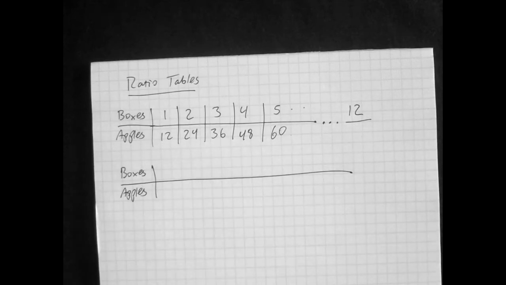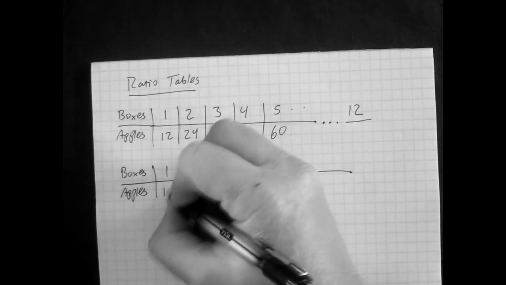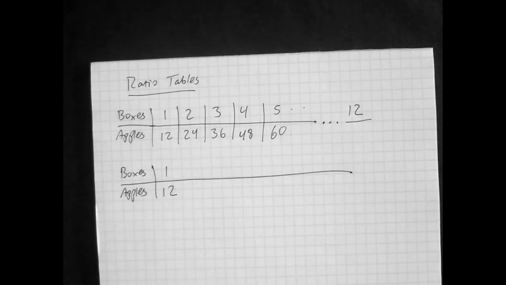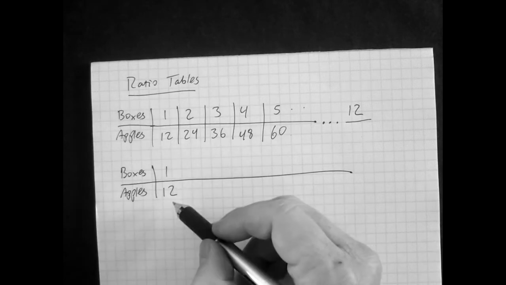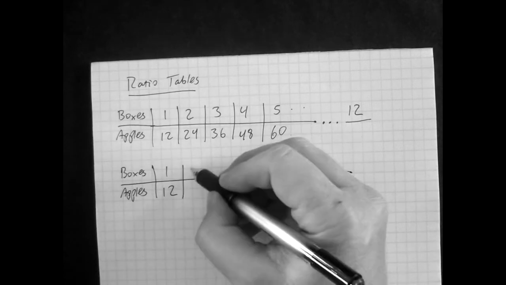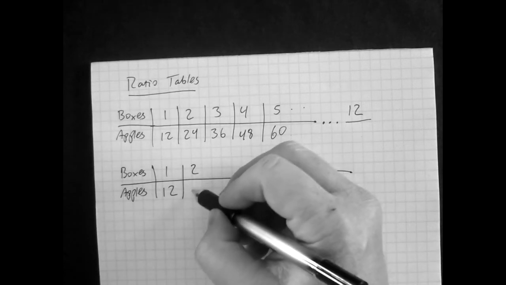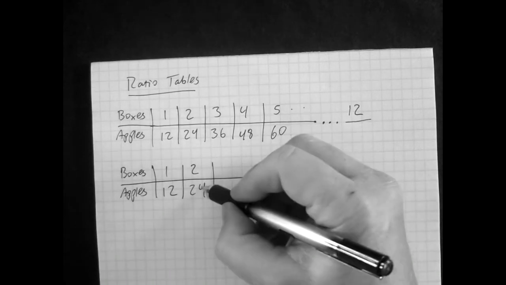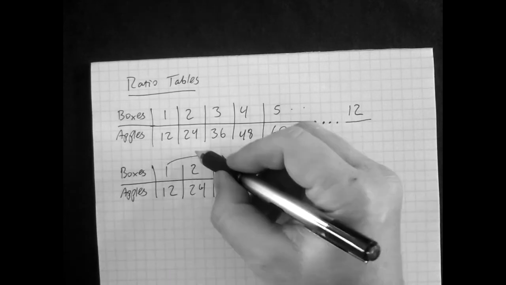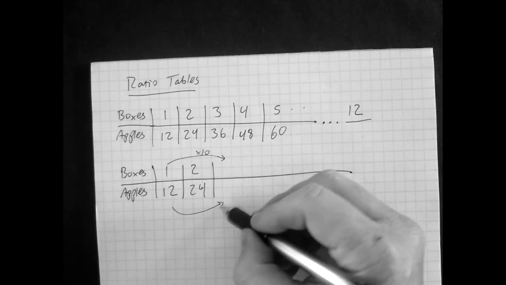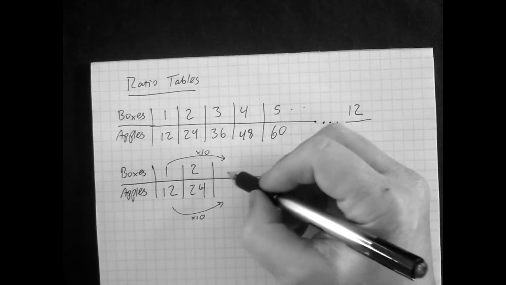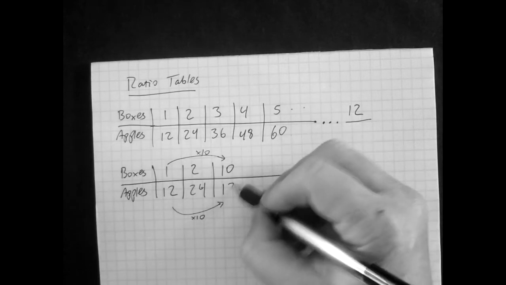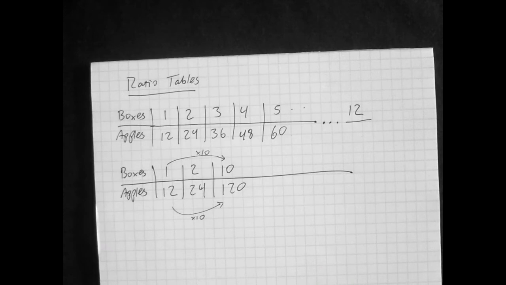So let's see how we might use mental math and some of our tricks to get there shorter. So if we have one box for 12 apples, I might start by doubling that and say, well, there's two boxes for 24 apples. I might go back here and I might say, you know what, times 10 is super easy mental math. Times 10. So this is 10 boxes for 120 apples. And that's pretty straightforward.